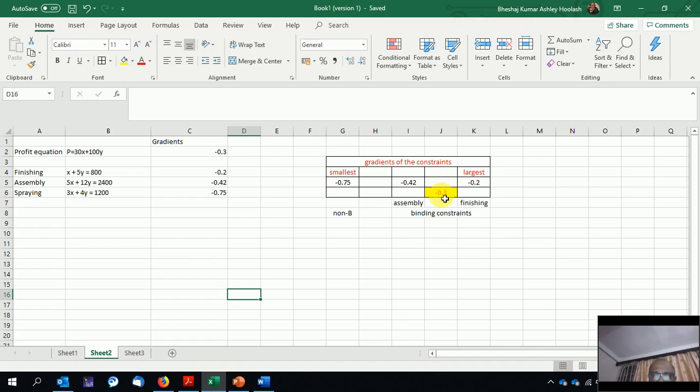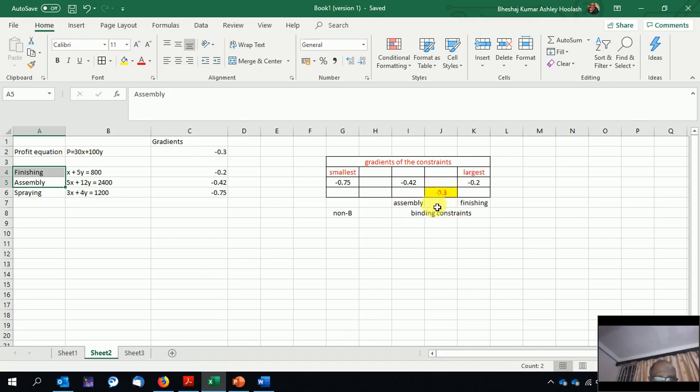So this is the gradient of the profit line, and once I discover that it lies between these two numbers, which are the gradients of constraint assembly and finishing, I know these two must be the binding constraints, and the remaining one is non-binding. And how do I find the coordinate? Just by solving the assembly and the finishing simultaneously, and I would get the small x, small y, which I can substitute in here to get the maximum profit. That's how it was done before.